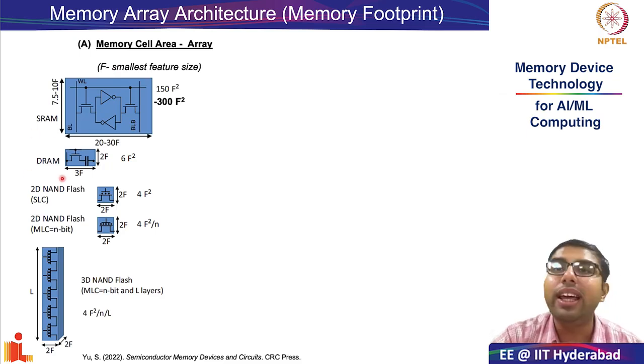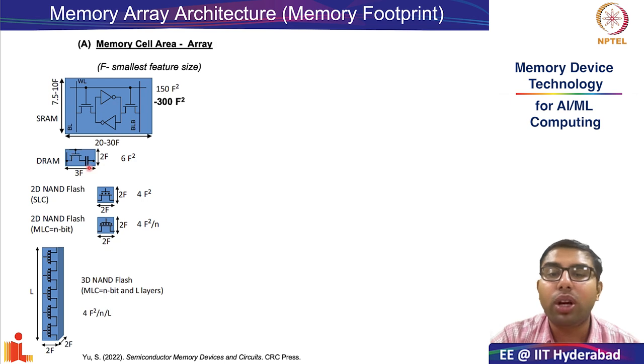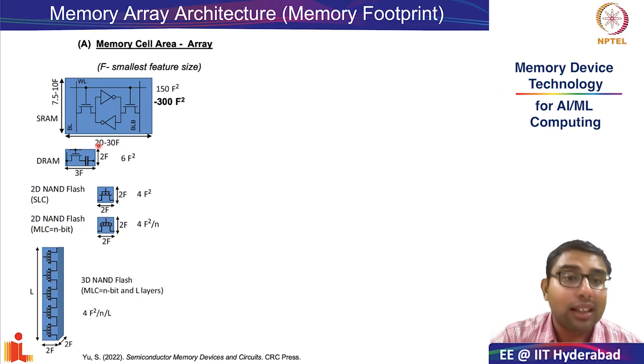When you go to DRAM, latencies increase substantially, but the device becomes simpler in terms of cell area. Instead of 6 transistors, you have only 1 transistor and 1 capacitor. Therefore, the DRAM design can fit within 3f multiplied by 2f, which is roughly 6f squared.